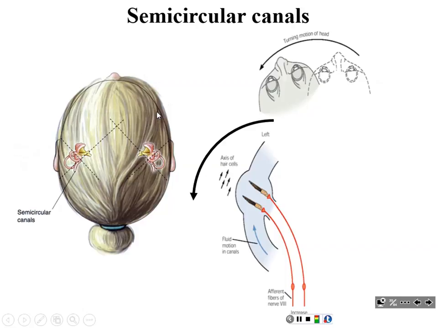The axis of the hair cells is like that. So the fluid is going to lag behind and move in this way, depolarizing the cells, which is going to increase the firing rate on the side where the head was moving towards. So if the head is moving towards the left, the left horizontal semicircular canal is going to increase the firing rate.